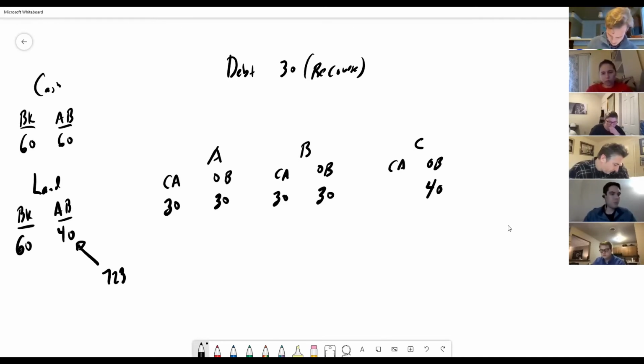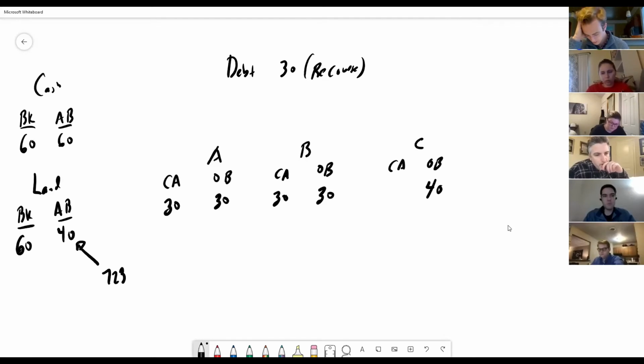If somebody gives you a house that's worth 60, but it's subject to a mortgage that you assume that's 30, they're not giving you 60, they're giving you 30. The net value, the equity, right? Concept of equity in property, the equity is the fair market value of the property above the liabilities that are attached to the property. So C is only giving 30 of equity.